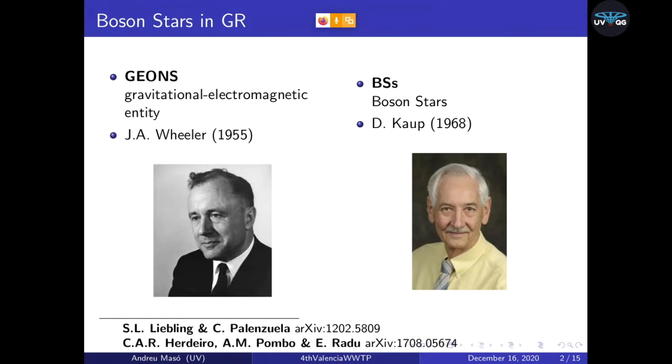The term geon comes from the abbreviation of gravitational electromagnetic entity and was introduced by John Wheeler in 1955 in order to overcome the concept of body in GR, since usually by body we refer to a one-dimensional idealized object.